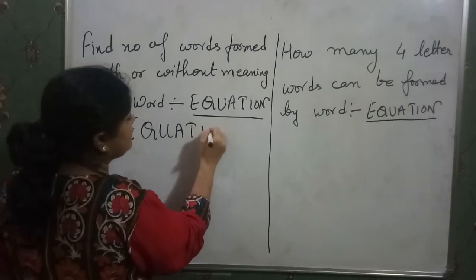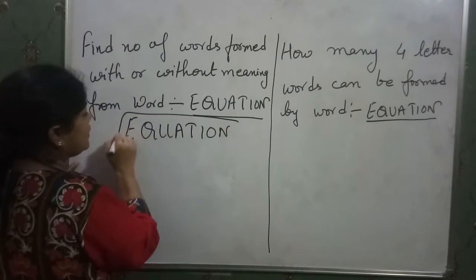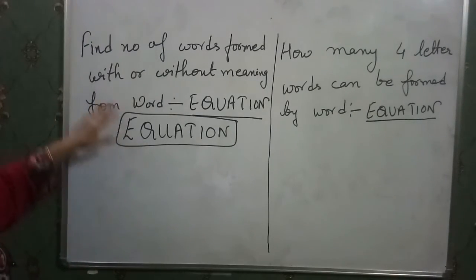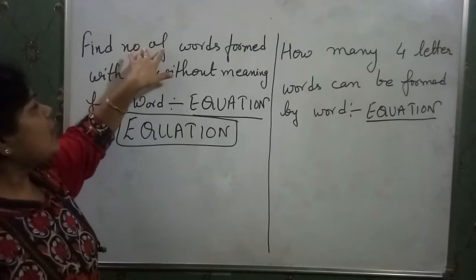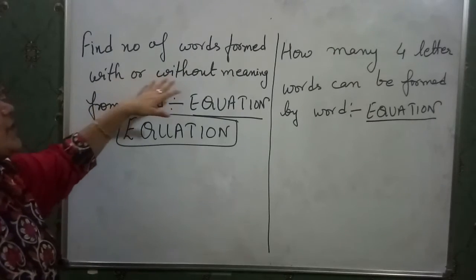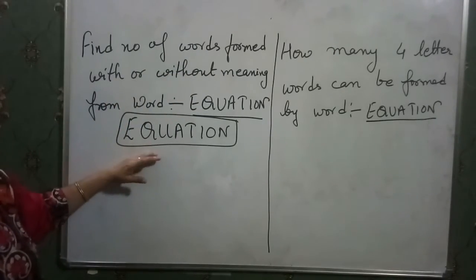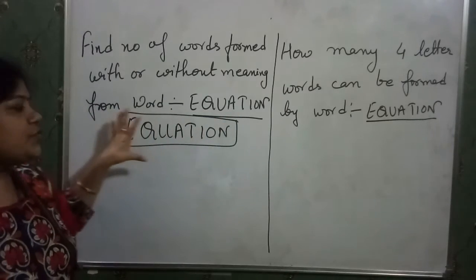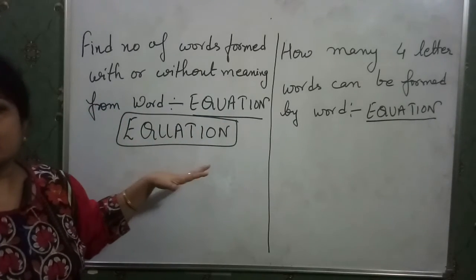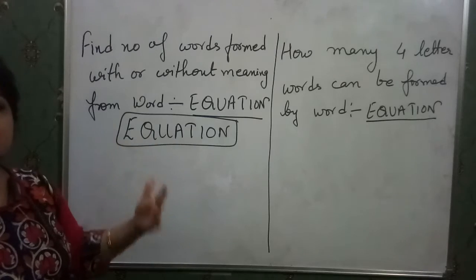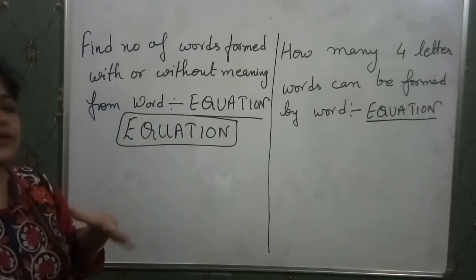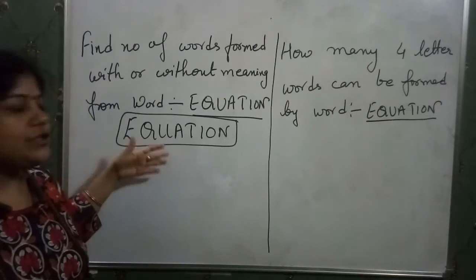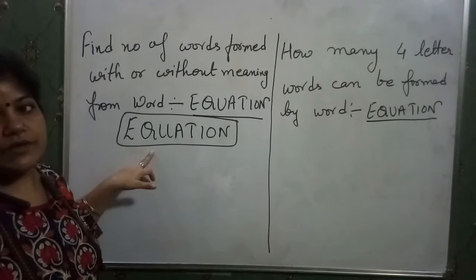For example, the word given here is equation. From this word we have to find how many words can be formed with or without meaning. That means it is a set of letters from which we have to form different words, whether they have any meaning or not. That means the total number of permutations which can be formed using this word.